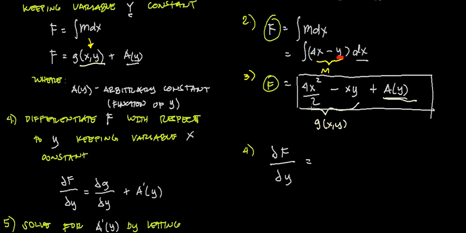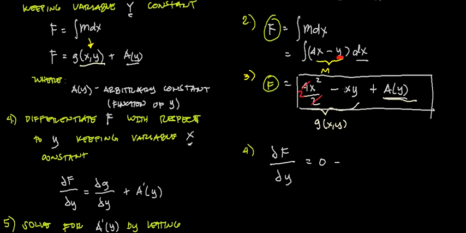4 divided by 2, by the way, is just 2, so we have 2x squared. Since we keep the variable x constant, the partial derivative of this part is just 0, because the derivative of a constant is 0.